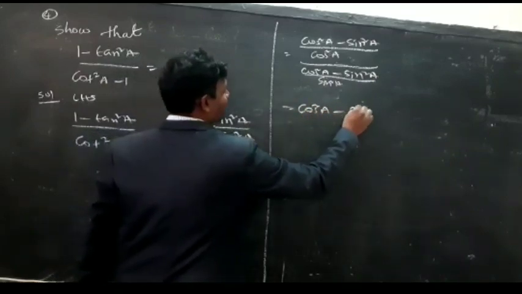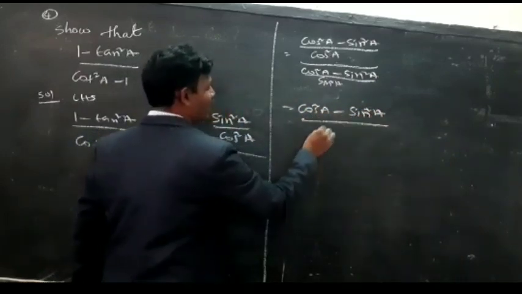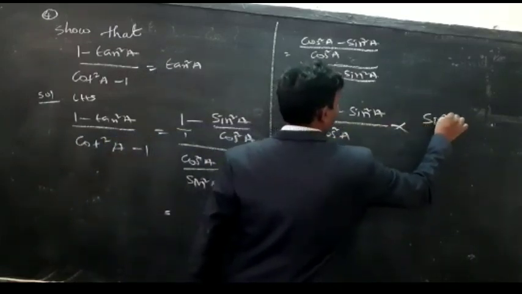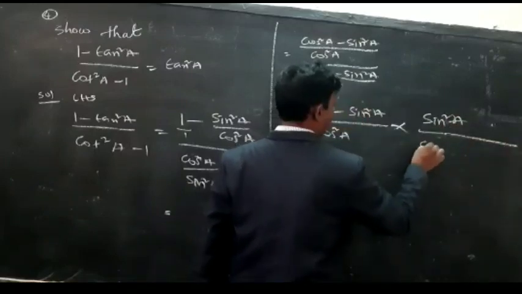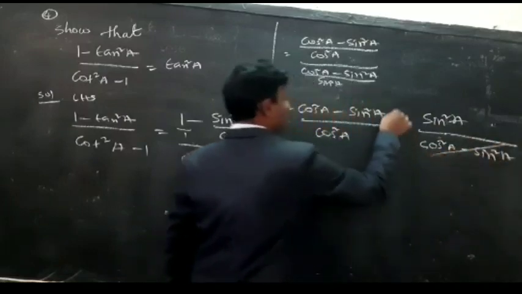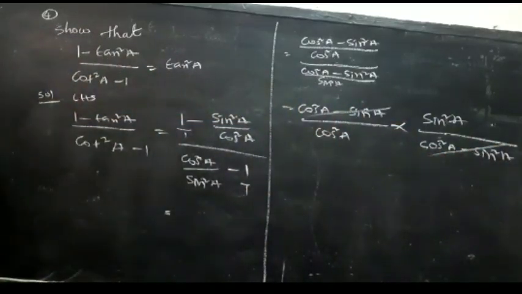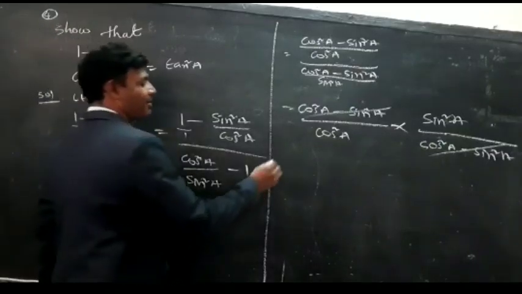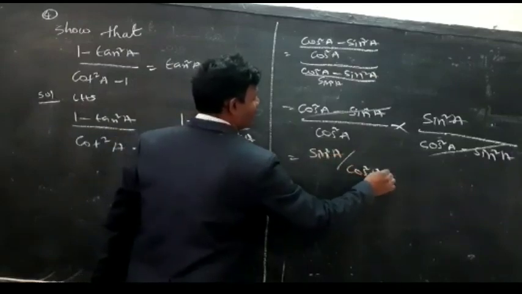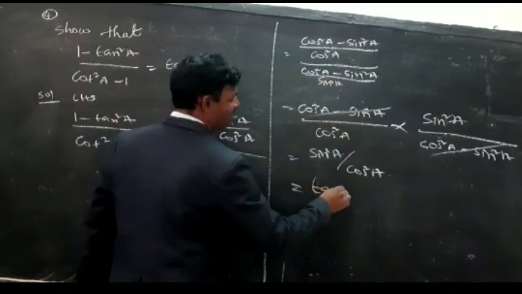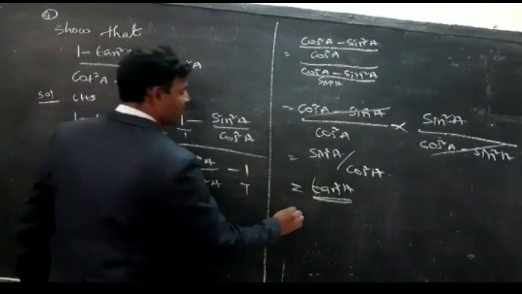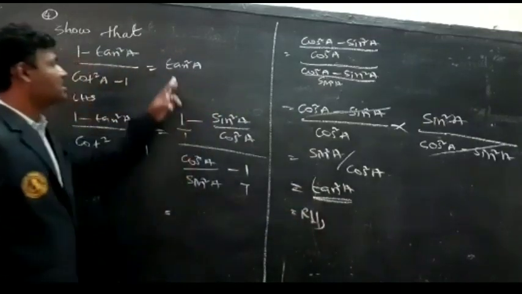Cos square A minus sin square A by cos square A into sin square A by cos square A minus sin square A. Here cos square A minus sin square A cancels. What is the remaining here? Sin square A by cos square A. Sin square A by cos square A we can write as tan square A, which is equal to RHS.